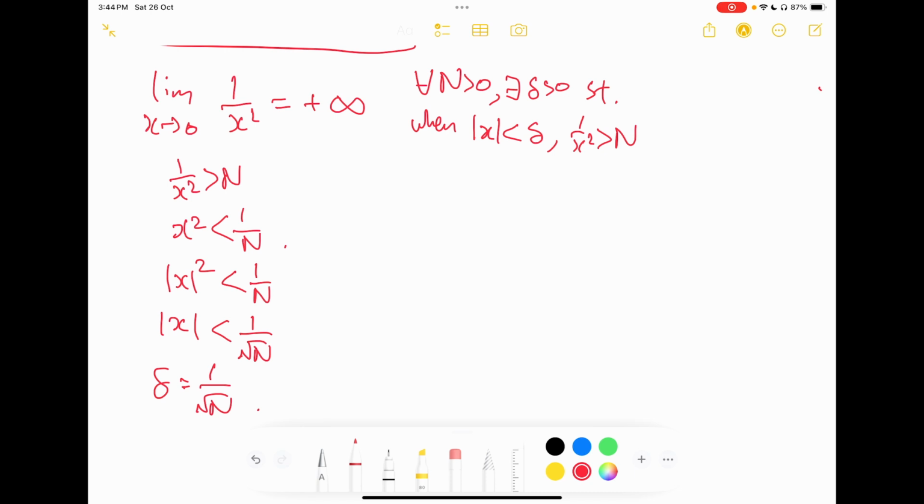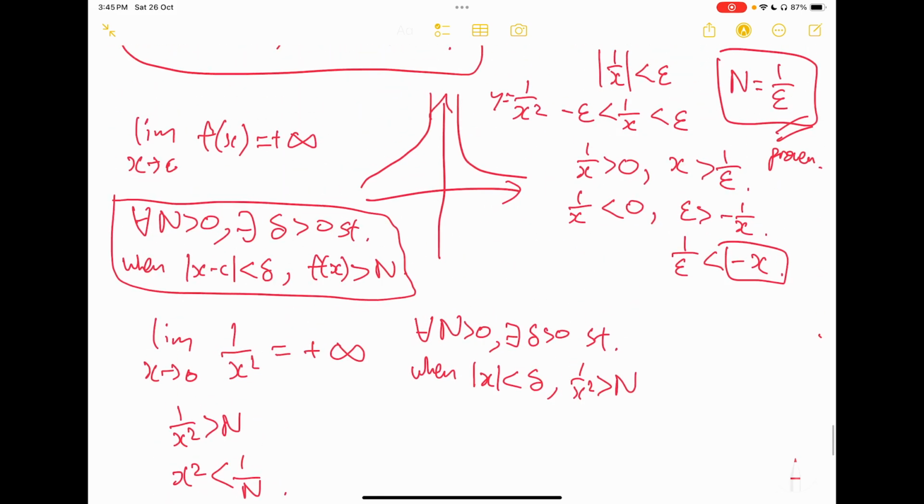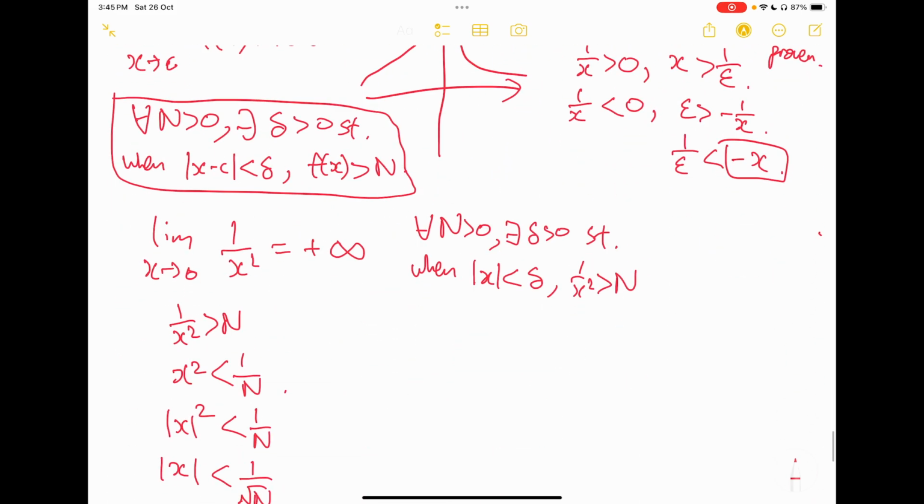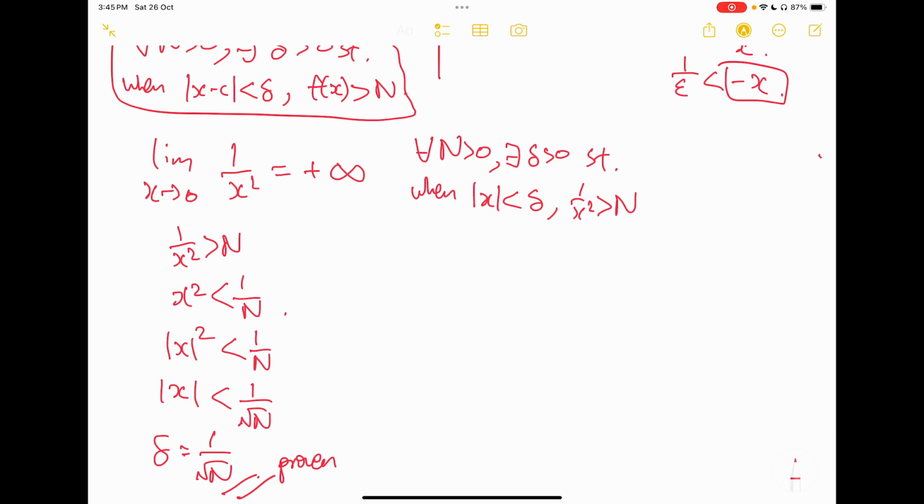So this basically proves it, right? You found a value of delta, which is quite small because n is a really big number. So yeah, this is the nature of epsilon delta proofs as well as proofs involving this n.